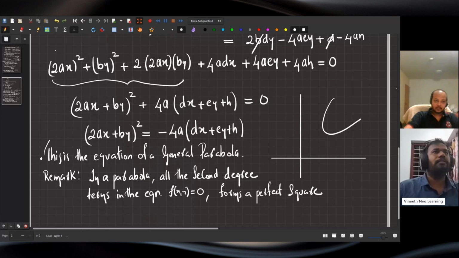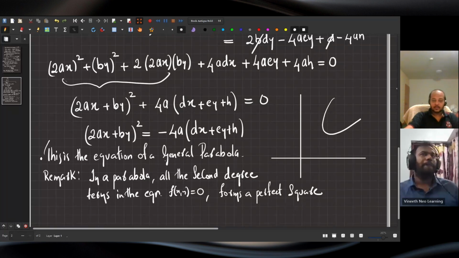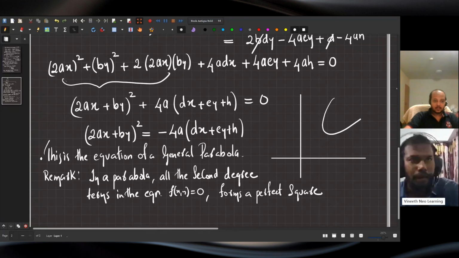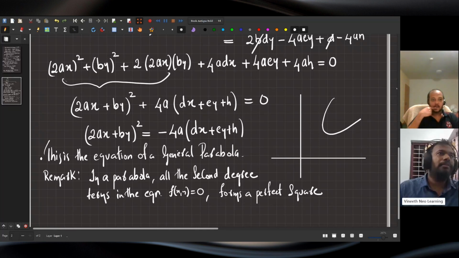Meaning all of these second degree terms, ax squared, y squared, form a perfect square, and that perfect square is this term, (2ax plus by) whole squared. That's a perfect square, correct? That term consists of x squared and y squared, the second degree terms. That's how you can identify an equation of a parabola.